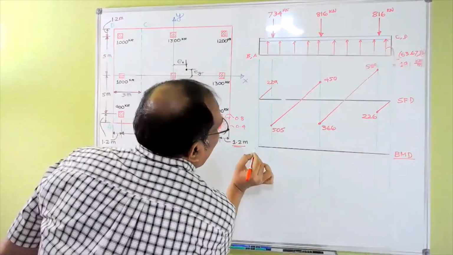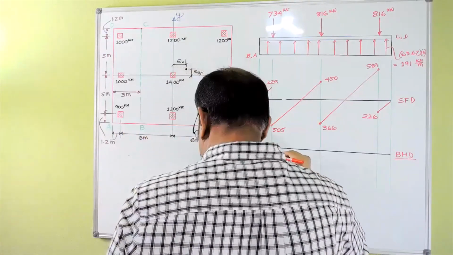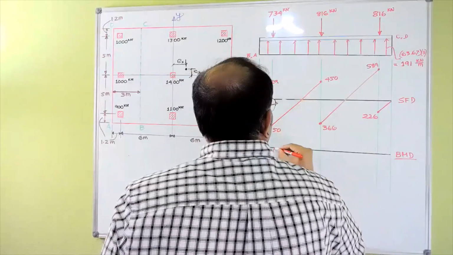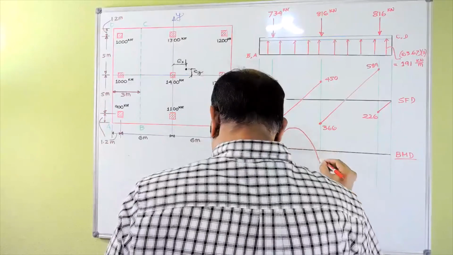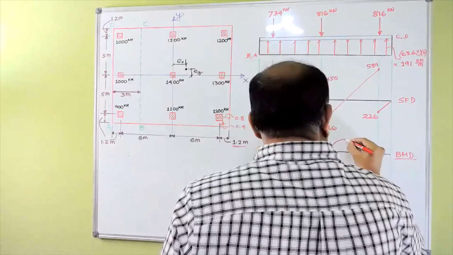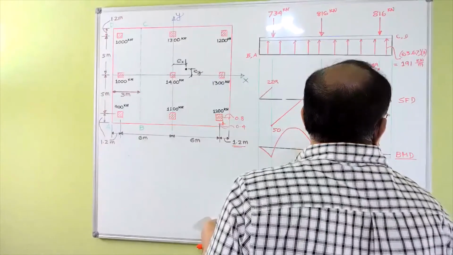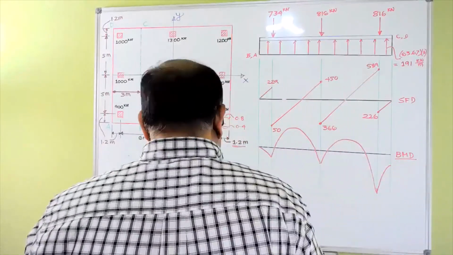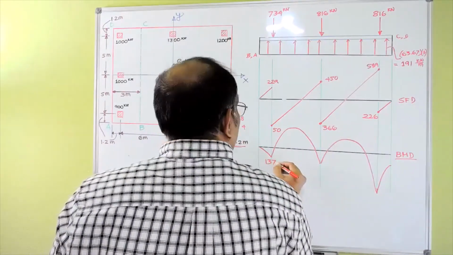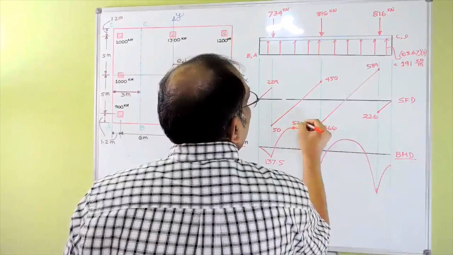Now, for bending moment, let's say this is the shear force diagram. So this one looks like that. This one is 137.5, 529.